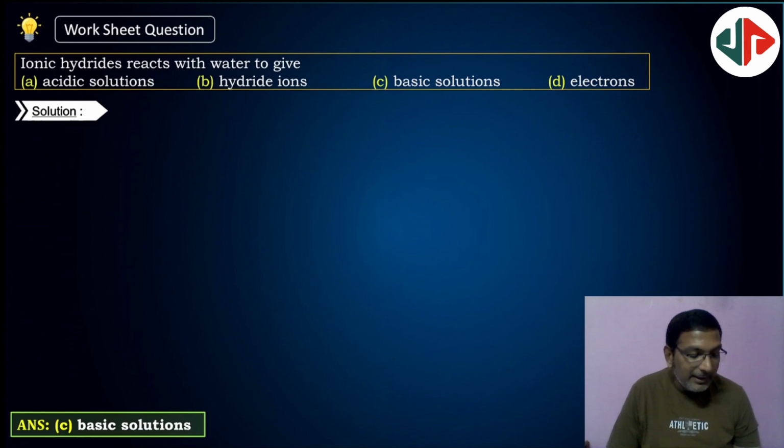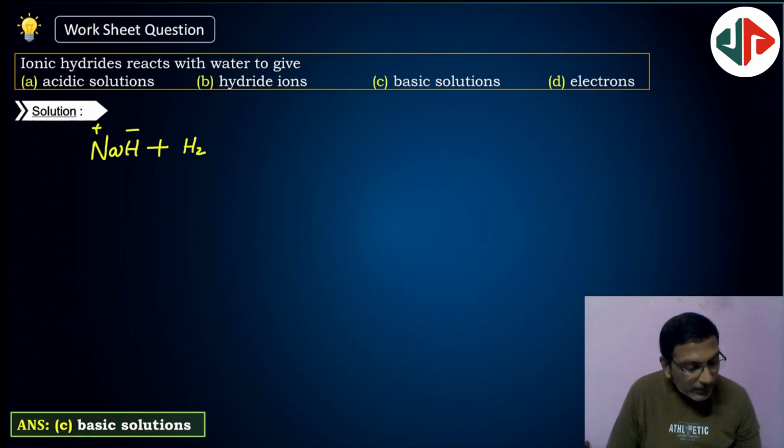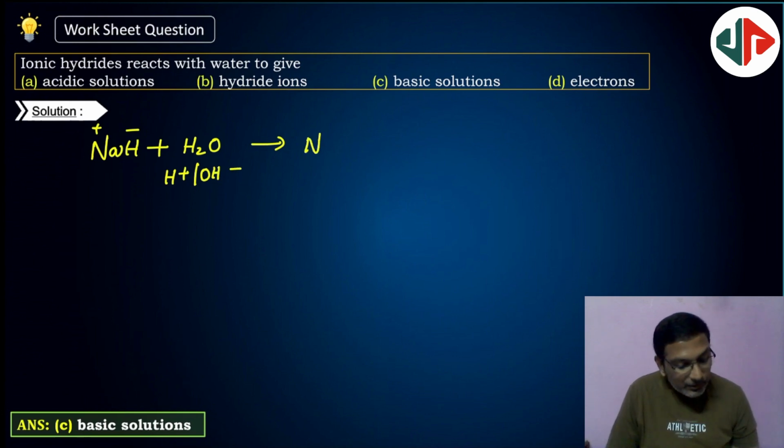So ionic hydrides react with water to give. Ionic hydrides means I am taking NaH. So Na plus H minus with water H2O. In H2O we will be having H plus and OH minus ions. So Na plus reacts with OH minus, NaOH plus H2.